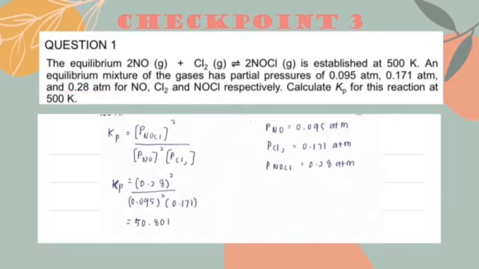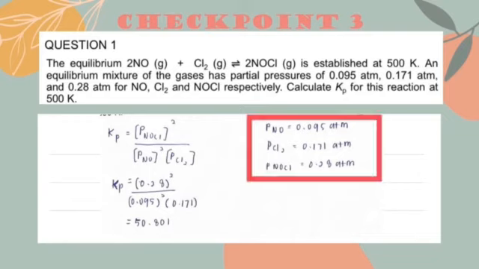So first we have to rewrite the information given. This is to avoid being careless. Then we have to remember the formula, which is the equilibrium expression: the partial pressure of products over the partial pressure of the reactants.